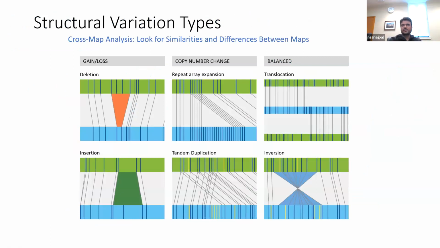Once the primary alignment has been done, there is structural variation calling. Throughout this presentation and in this image, wherever you see a green bar, it represents the reference chromosome. The blue bar represents the patient sample. And the lines that you see are the 6 base pair sequence motif that was fluorescently tagged.